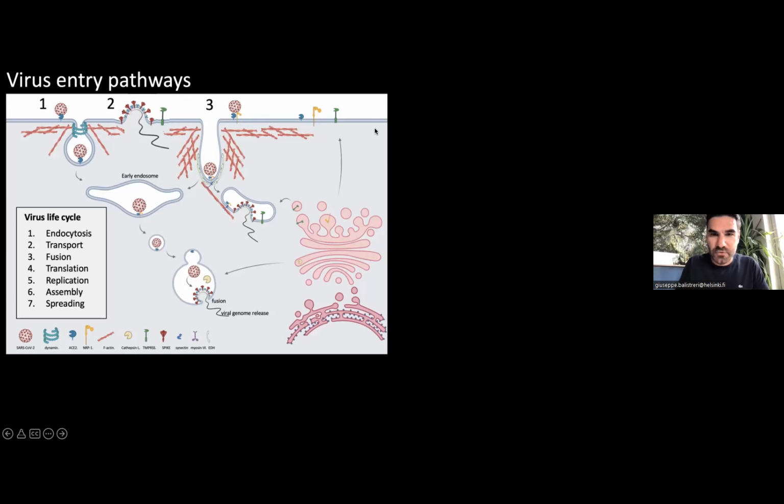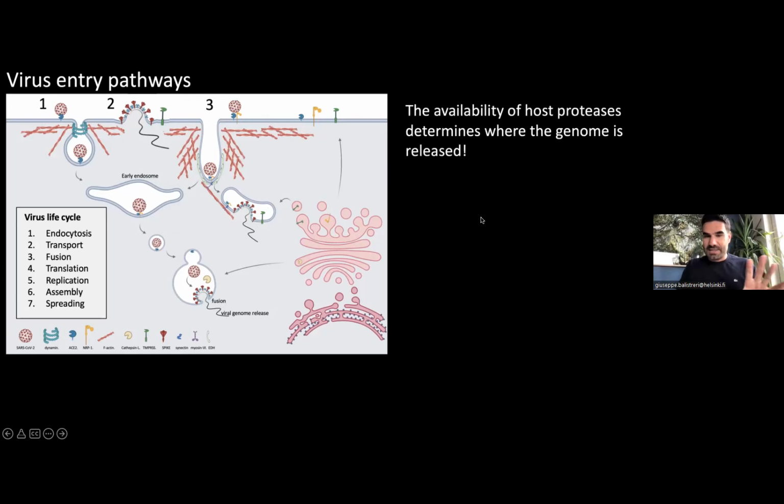Thanks a lot. Wonderful. Okay, so basically from what I've just said, really to summarize, what defines the ability of this coronavirus to infect you? It's basically the availability in the cells that are infected of proteases, digestive enzymes.